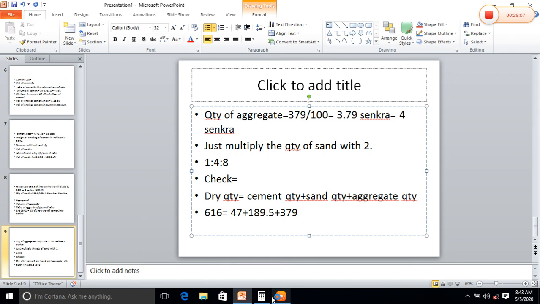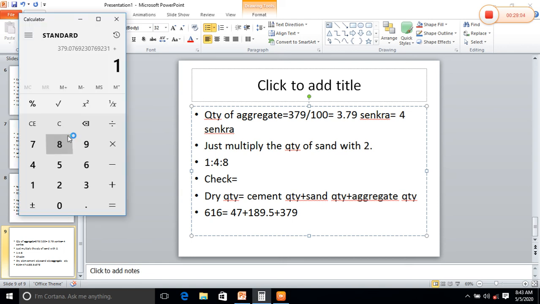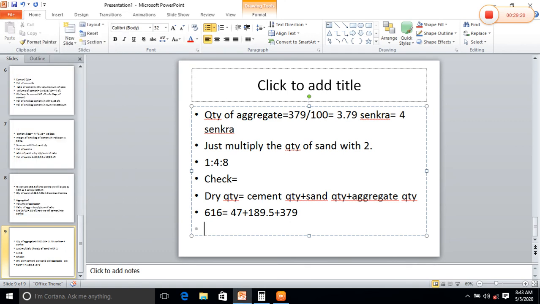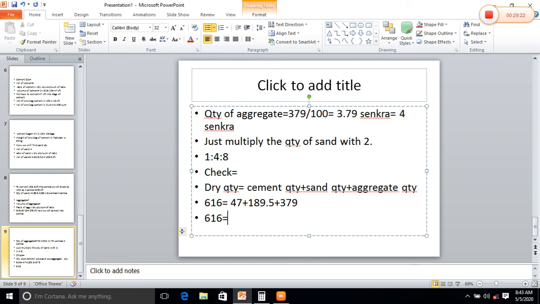So 379 plus 189.5 plus 47 is equal to 615.57. So this value is mostly equal to 616. So our calculation is correct.